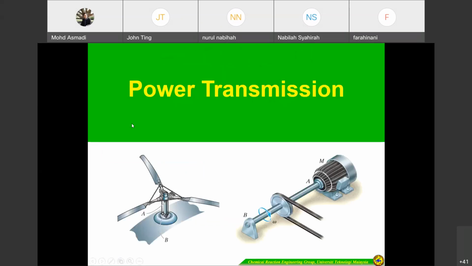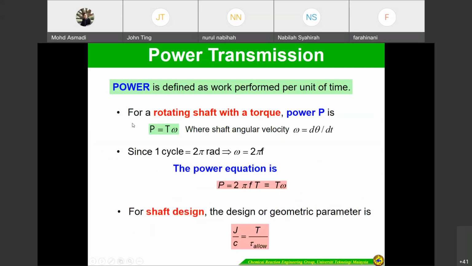Power is defined as work performed per unit of time. For a rotating shaft with torque, power P equals T omega. This omega is the angular velocity, the change in theta over time, where theta is the angle.